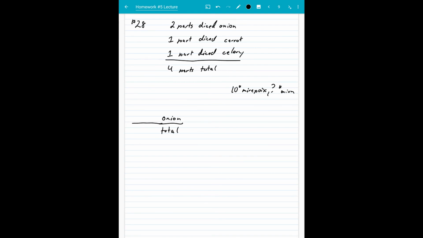So in this one, our onion is 2 parts and our total is 4 parts. Here our total in this respect is the 10 pounds of Mirepoix. And then our top is x pounds of onion.